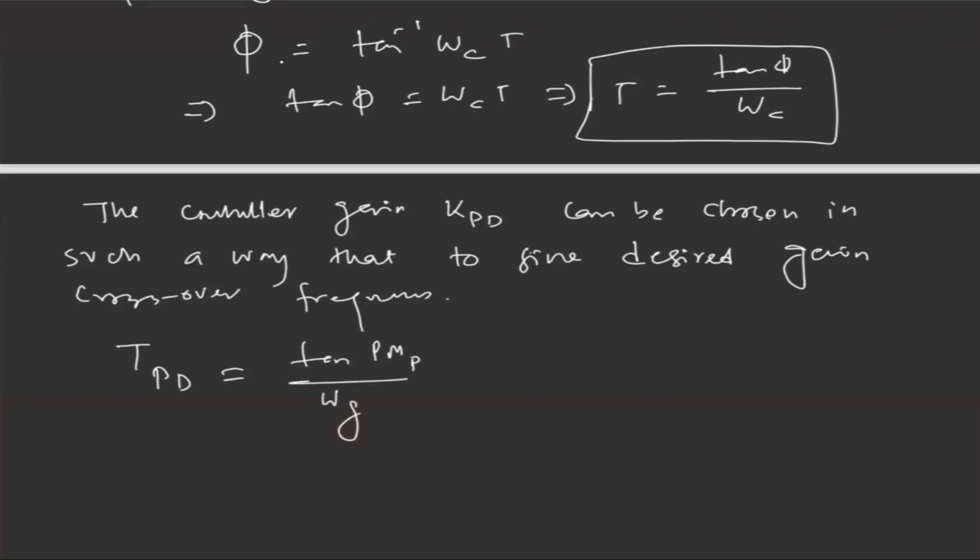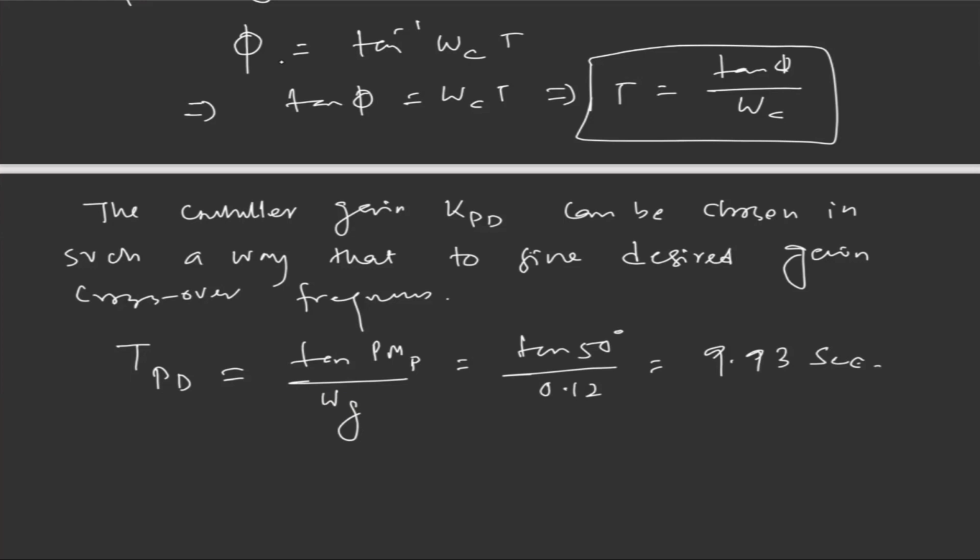This basically gives the desired gain crossover frequency for this particular PD controller. So you can write tan 50 degrees divided by 0.12 equals 9.93 seconds. So this is the time constant for the PD controller.